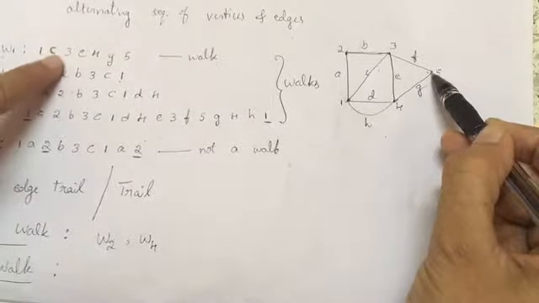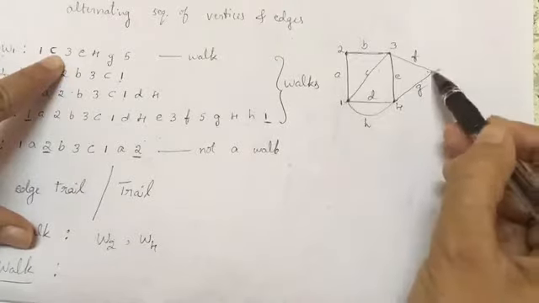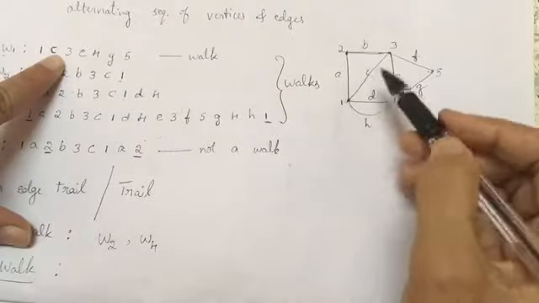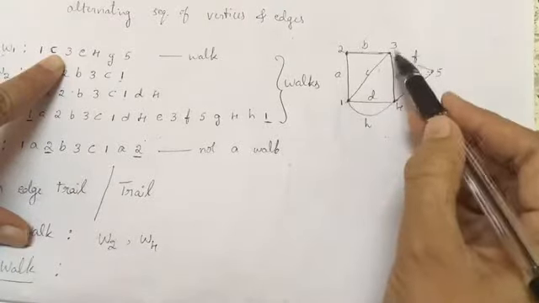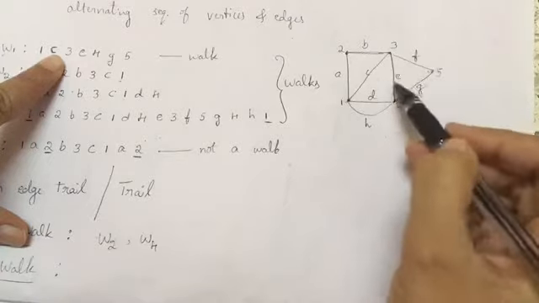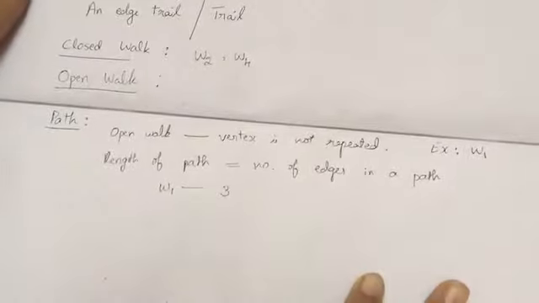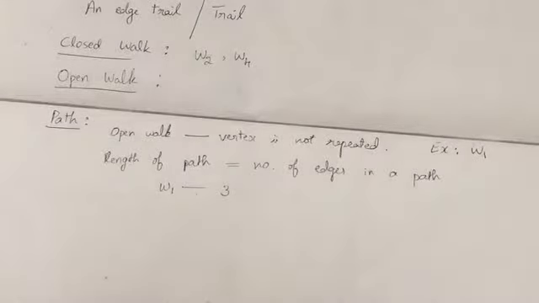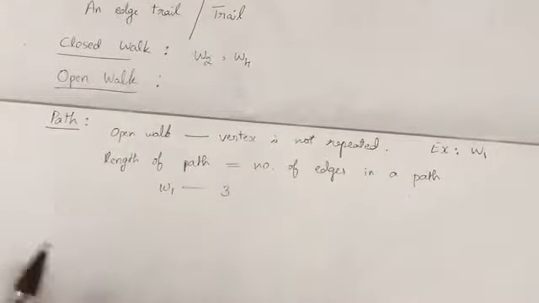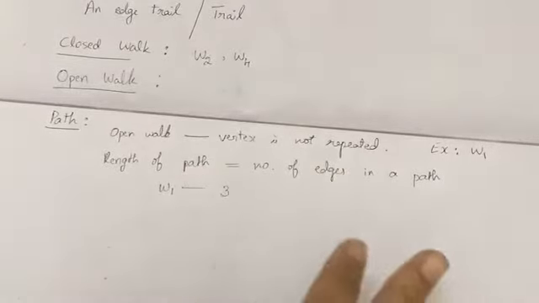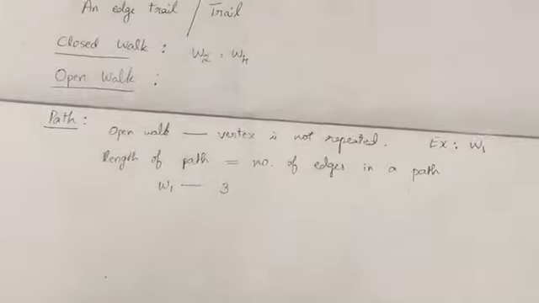With reference to this walk, end vertices are of degree 1 and the remaining vertices in the walk are of degree 2. So when you consider a path, the terminal vertices are of degree 1 and the remaining vertices in a path are of degree 2.